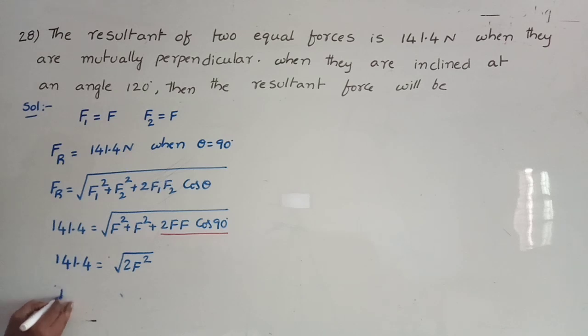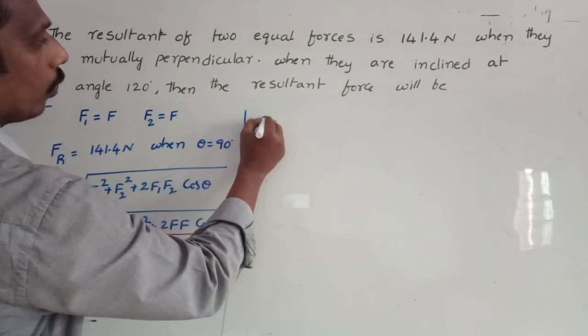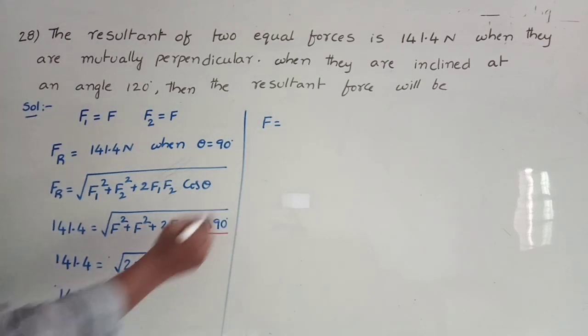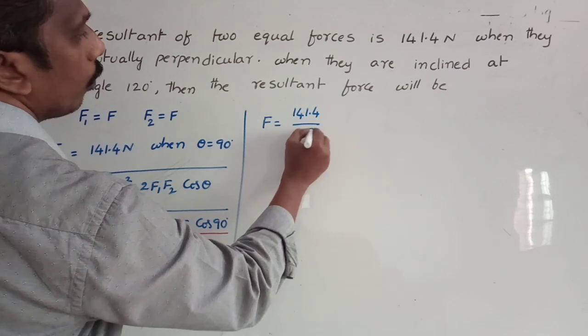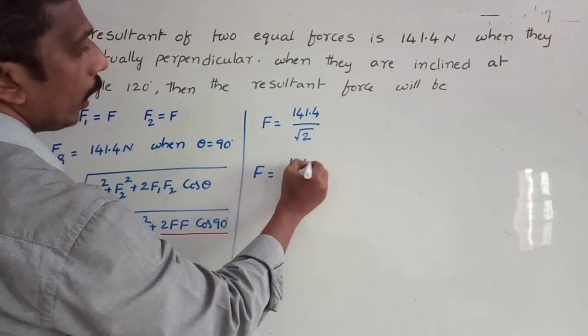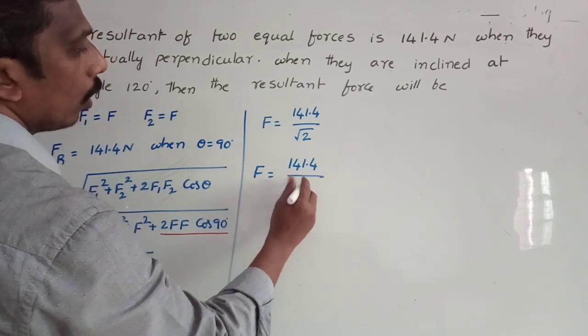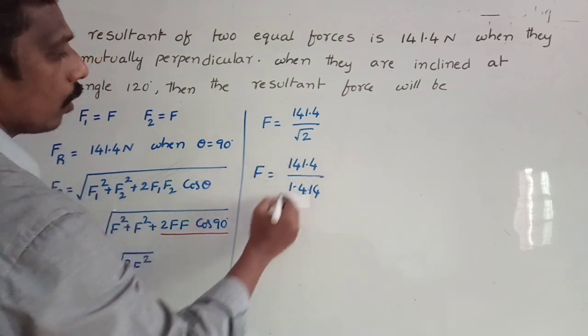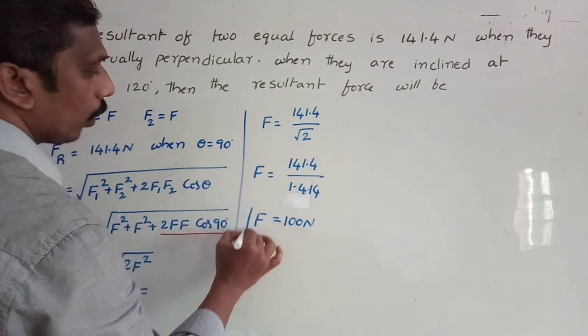From this, 141.4 is equal to root 2 into F. From this, F is equal to 141.4 by root 2. But we know root 2 value. Root 2 is equal to 1.414. This 1.414 cancels out 100 times. So each force is equal to 100 Newton.